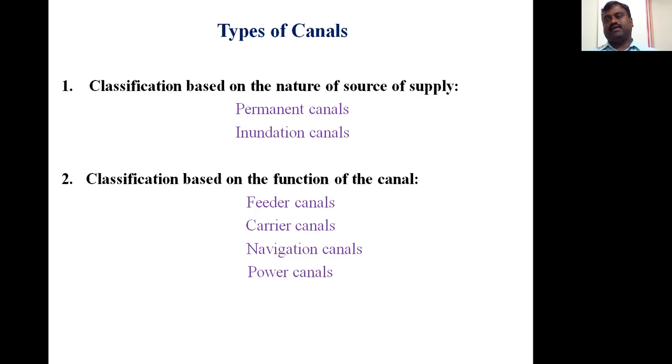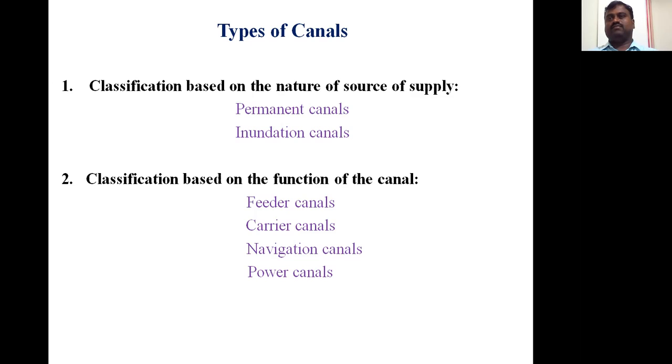And inundation canals are those which are taken from the inundation rivers, the rivers which basically flow only during the season of monsoon. And these canals are constructed without the head regulators.